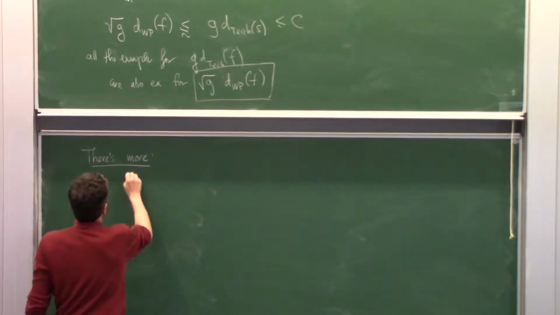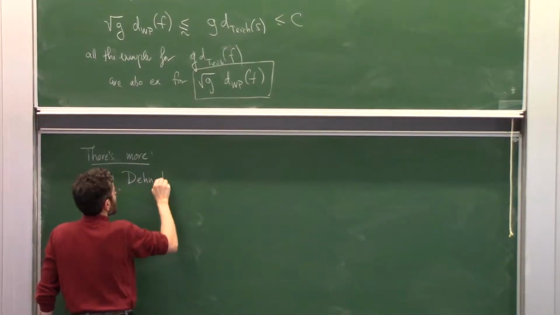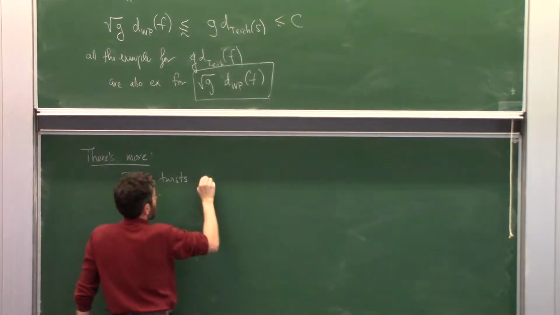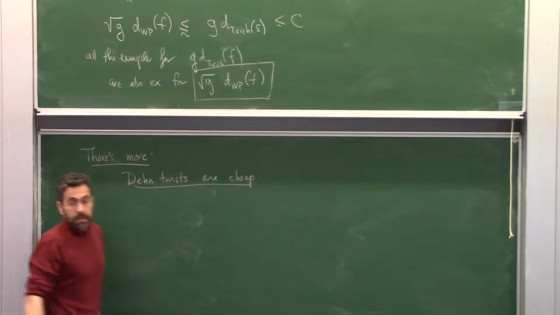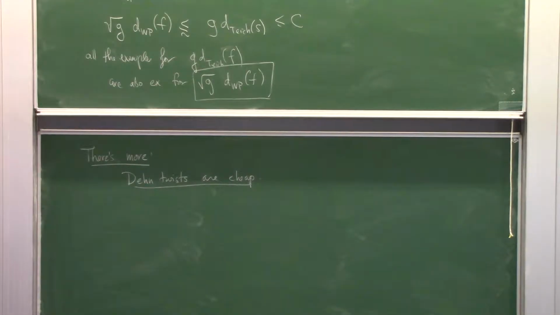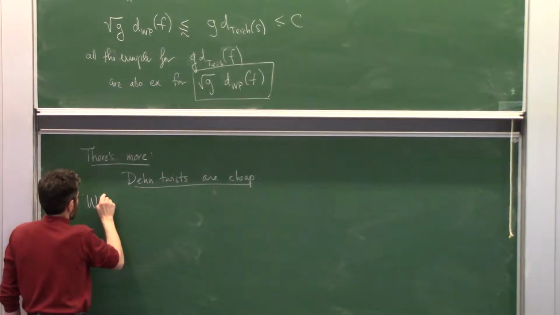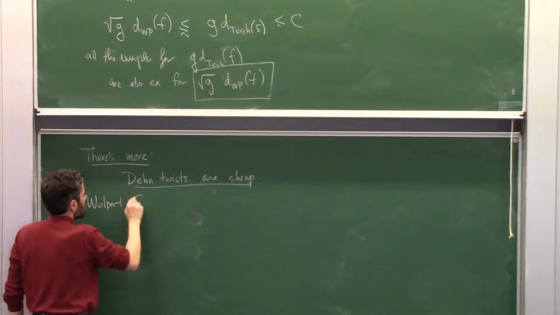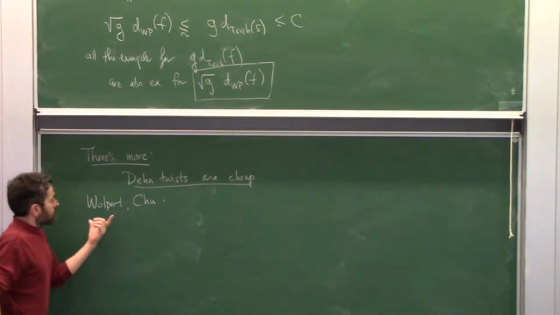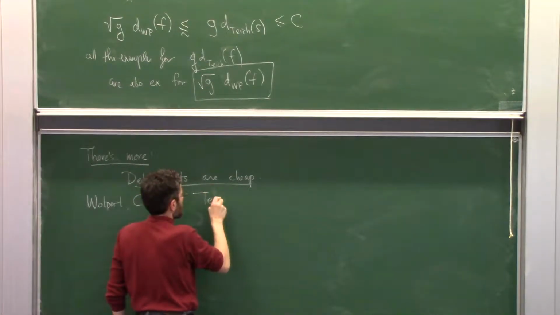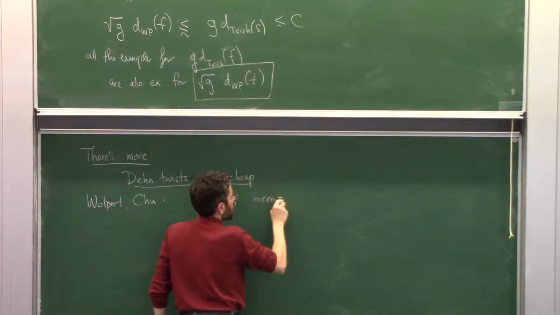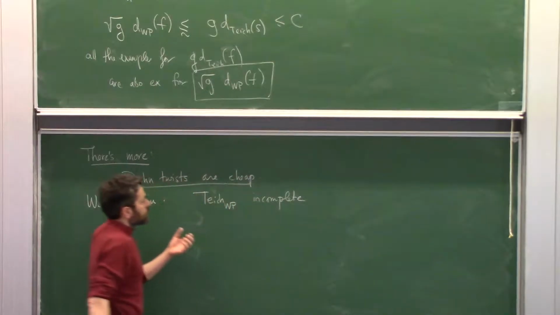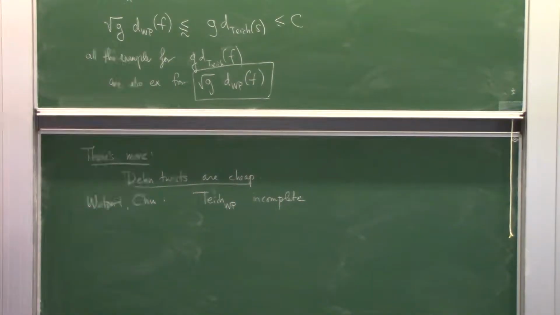And the reason is that Dehn twists are cheap in the Weil-Petersson metric. This is a theorem of Wolpert and Chu, that the Teichmüller space with the Weil-Petersson metric is incomplete, and the way in which it's incomplete is that you can pinch curves to length 0 in finite distance.